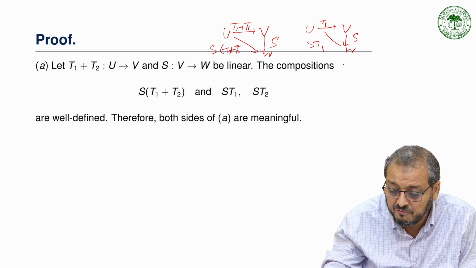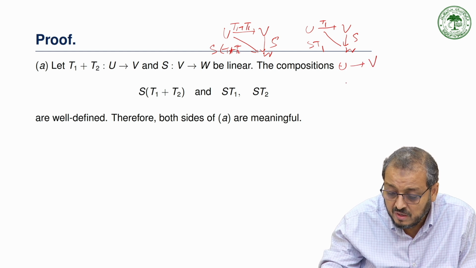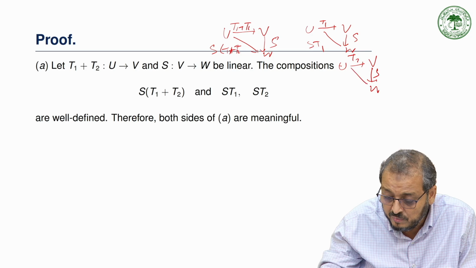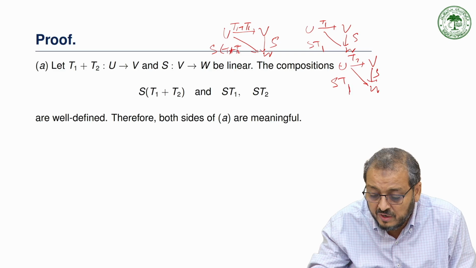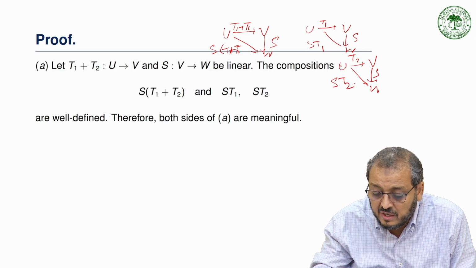In a similar fashion, from U to V by T2 and then S, we get S of T2. So S of T1 and S of T2 are defined.